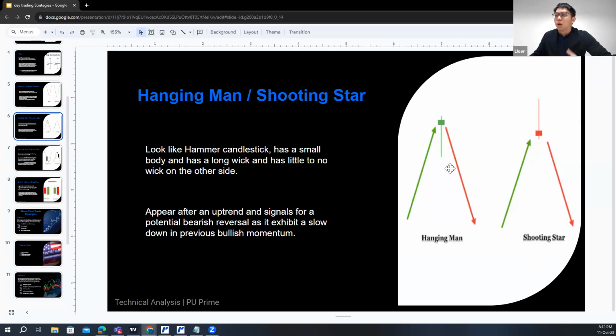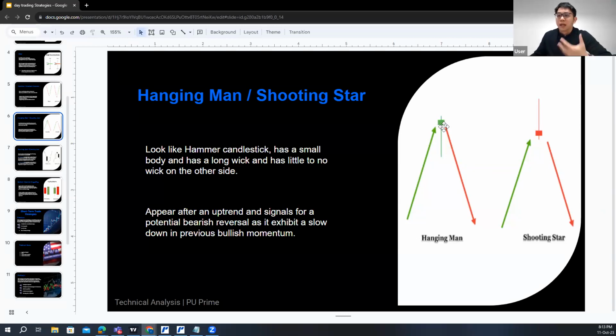It's just a name, but what we want to know is how the pattern looks and what's the logic behind it. So imagine this is a strong bullish trend for a very long time, holding for a few days, a few weeks, and then suddenly this appeared. This shows that the market is in a dilemma. They don't know which direction to go, and the bullish momentum seems to ease. People maybe start to have a lot of selling pressure appearing here.